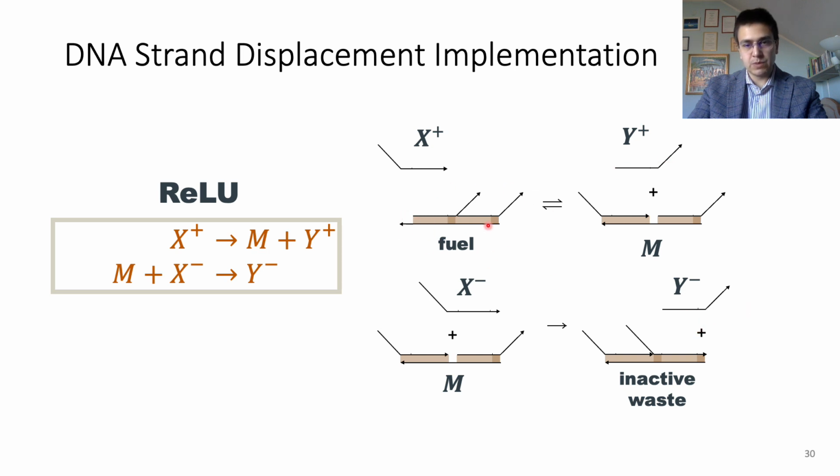We have this fuel species, and this part of X plus is complementary to this plus part of the fuel species, so it can come in here and displace this part of the fuel, which is actually Y plus. And it leaves us with this molecule M. M can interact with X minus, where this part of X minus is complementary to this part of M, so it can come in here and displace this, which is Y minus, effectively realizing the second reaction of ReLU.